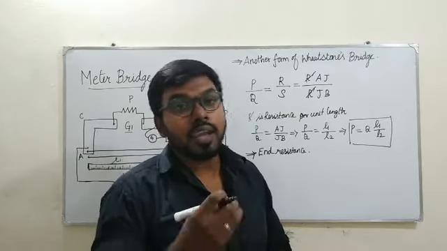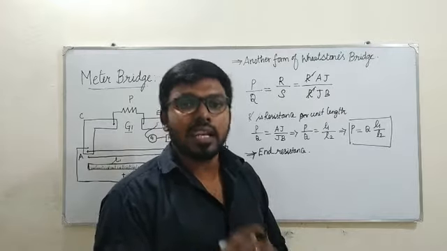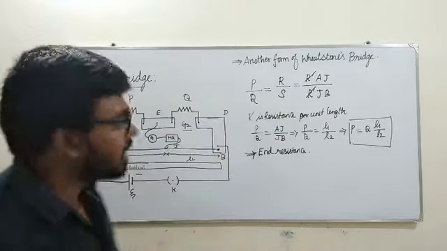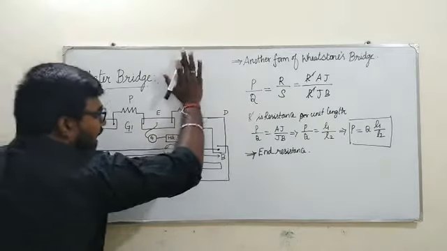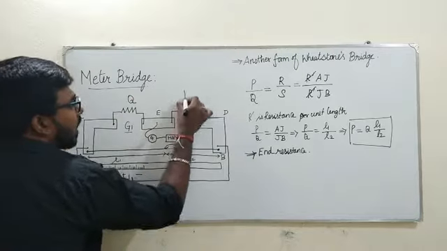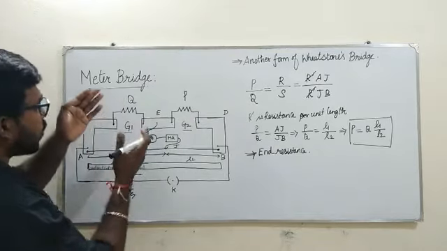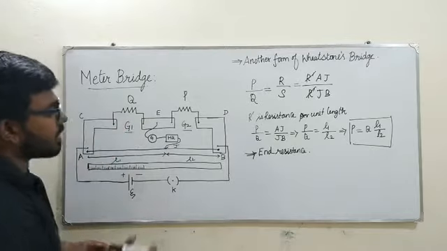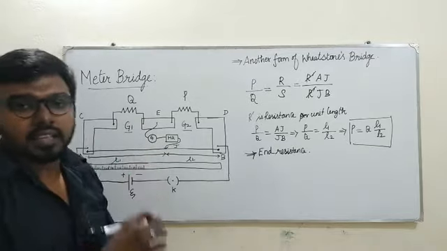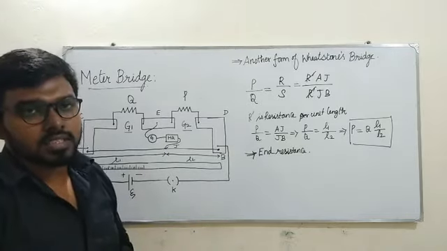So, in order to eliminate the error, we will be taking another reading by interchanging the resistances, which means after taking one set of readings, we will be replacing the resistance. Q will be placed at G1, and P will be placed at G2. By taking the other value, we will be finding out the exact value of the unknown resistance.